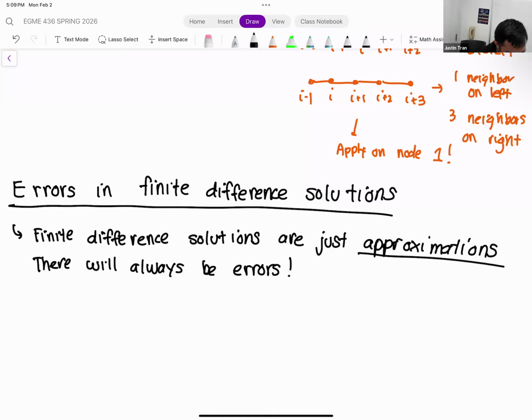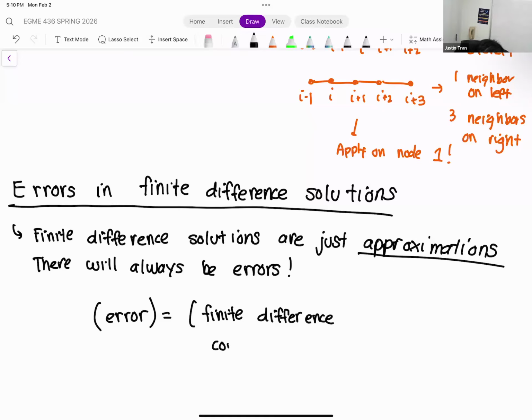All right, so I've been throwing this term error around, but let's define it a bit more precisely here. When I say error, the error is basically the difference between what we compute in our finite difference solution, that's our finite difference computation, minus the actual value.